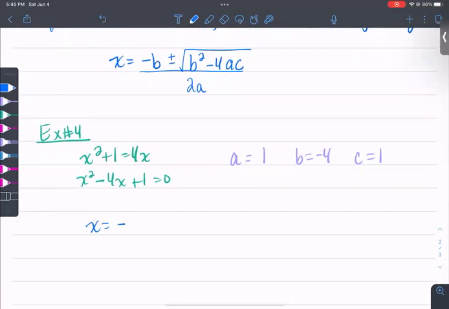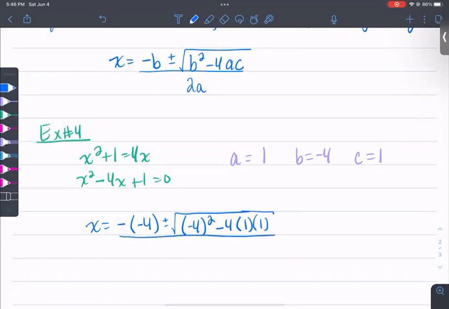So I have the opposite of b, so negative 4, plus or minus the square root of b squared. I encourage you to always put your b value in parentheses and then square that. So if there's a negative there, that will make sure the negative gets squared as well. So b squared minus 4 times my a value 1 times my c value 1.